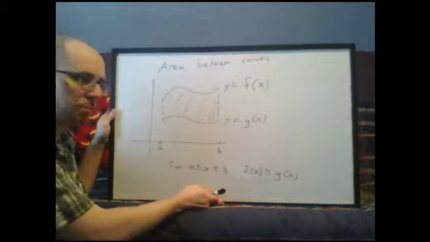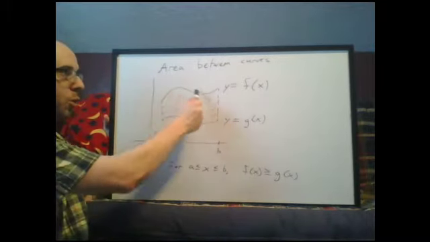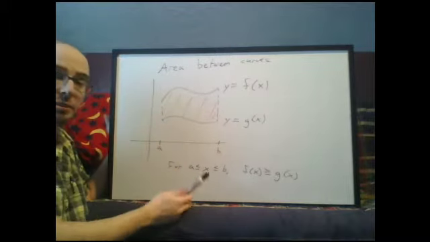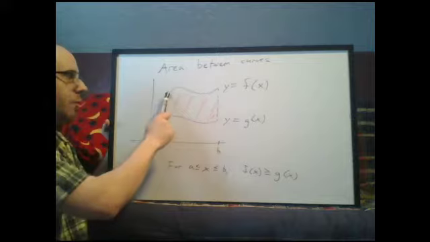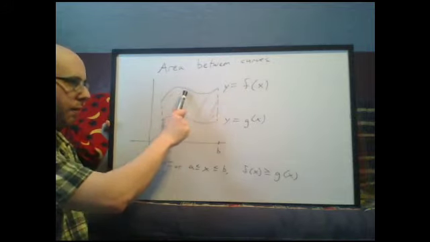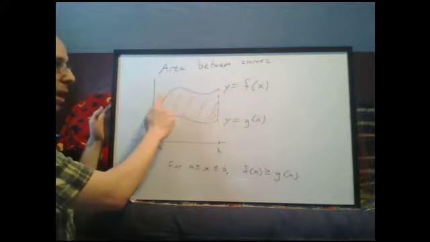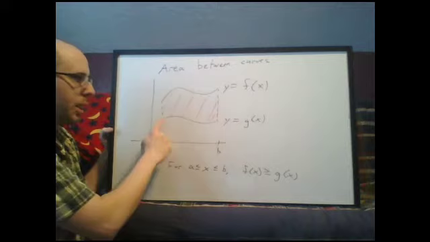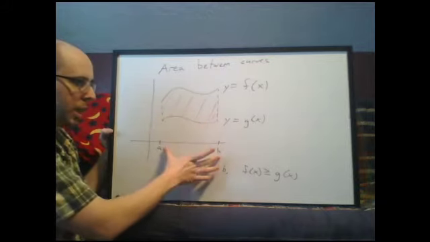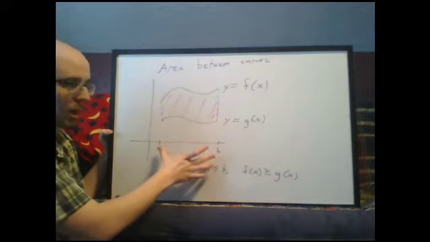Well, essentially the basic idea is, if these are positive functions, so let's just assume that for now, if we wanted the area beneath the curve of f, that would be the total area from here down to the x-axis. That would just be the integral of f of x between a and b. If we wanted the area under g of x between a and b, that would be the integral of g of x between a and b.